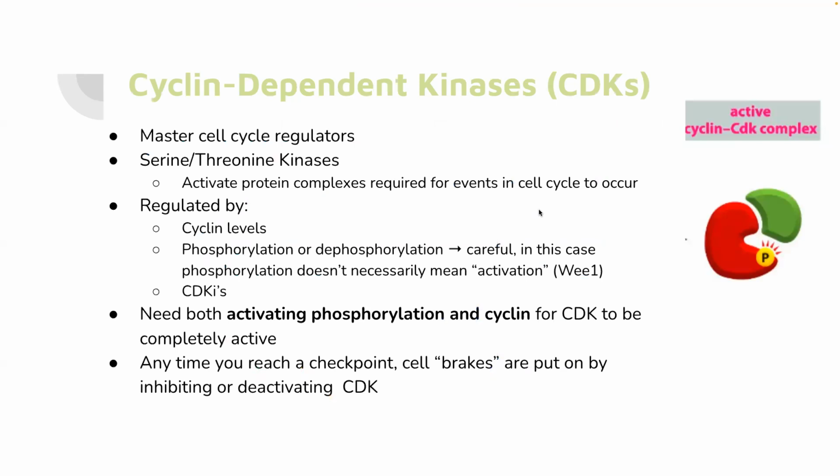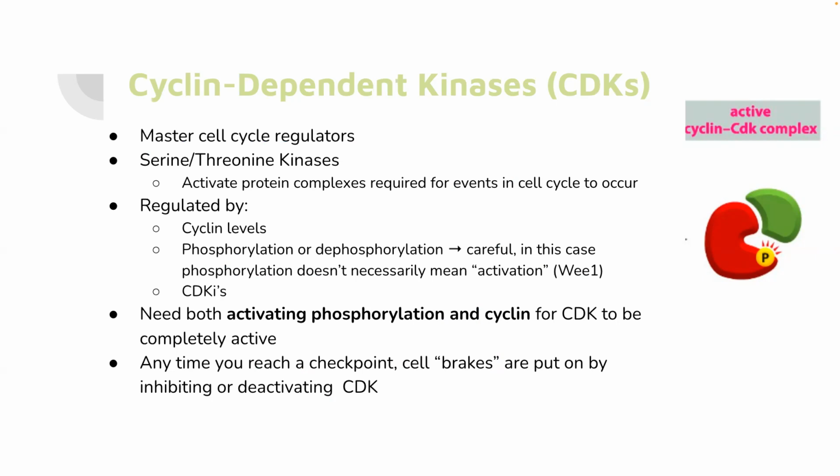Then a quick review of CDKs, which are important throughout the cell cycle. CDKs are often referred to as the master cell cycle regulators just because they perform a wide variety of jobs. They're serine threonine kinases, and they activate protein complexes required for events in the cell cycle. They're regulated by cyclin levels, phosphorylation and dephosphorylation.